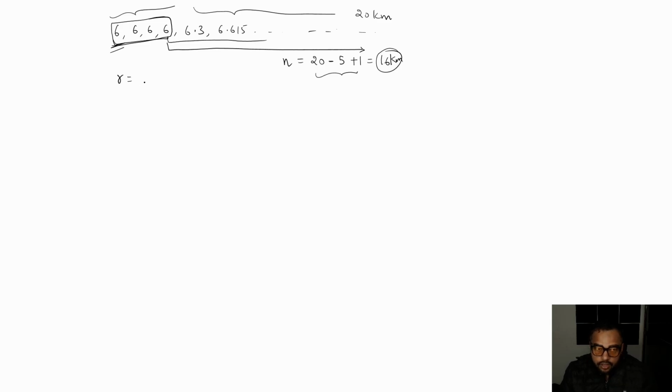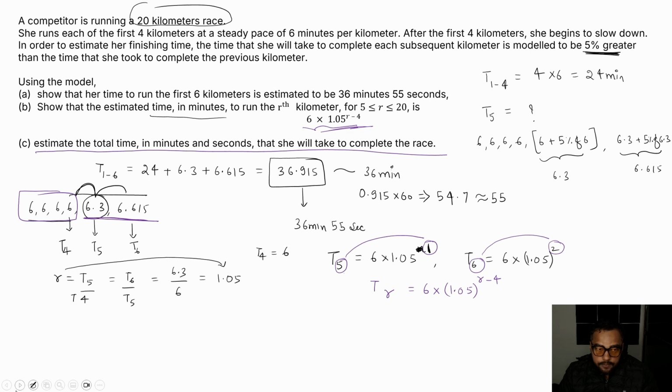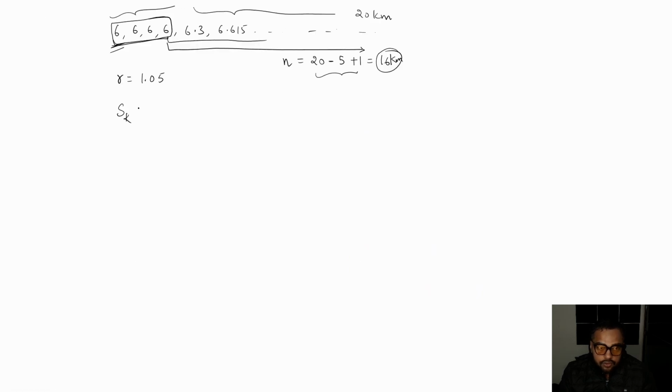R we have already calculated, that is 1.05. For the sum of the geometric series, it will be given by a times (r to the n minus 1) upon (r minus 1). Why did I use this? Because the common ratio is greater than 1, so this formula will be applied.